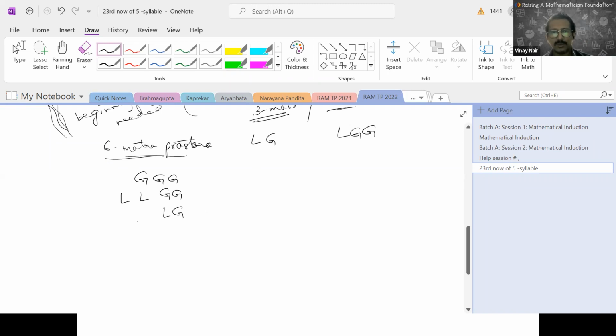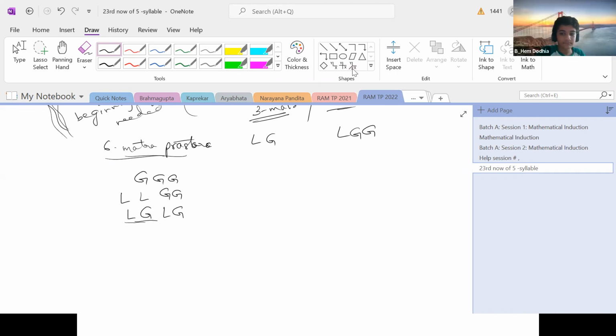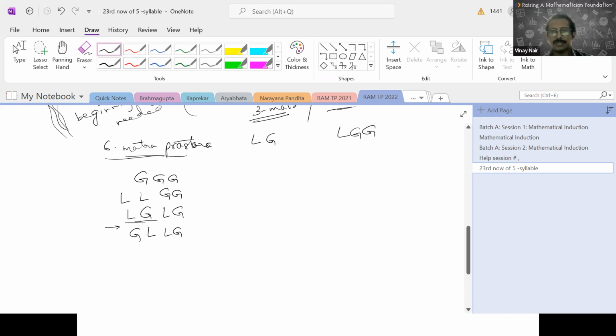Haim, tell me how will you place the syllables? Put as many G's as possible and then place an L. Continue, Haim. Scan from the left. So GLLG.